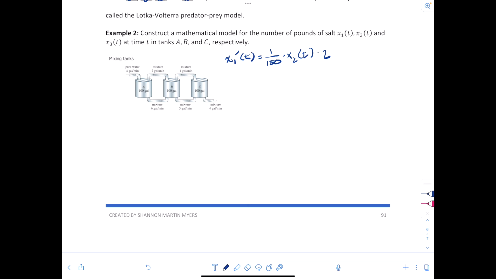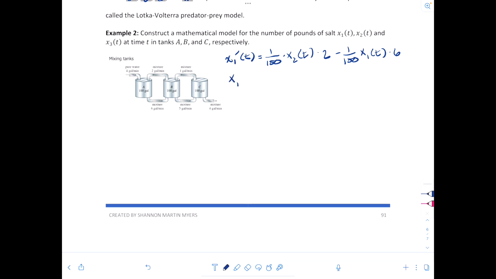Now, what's going out of A? What's going out of A is 1/100th times x1 at t times 6, because this mixture is leaving A at 6 gallons per minute.